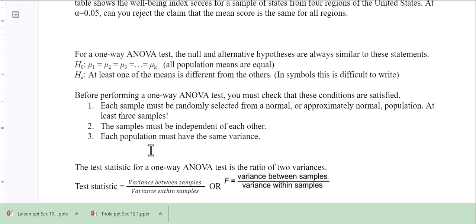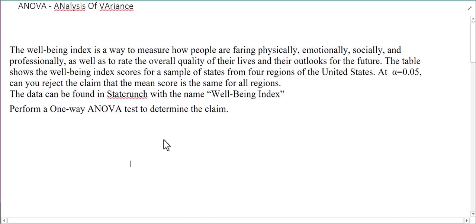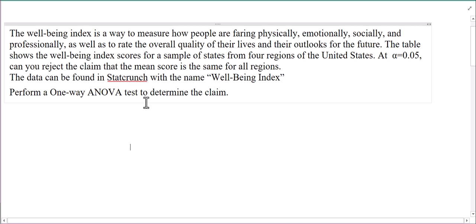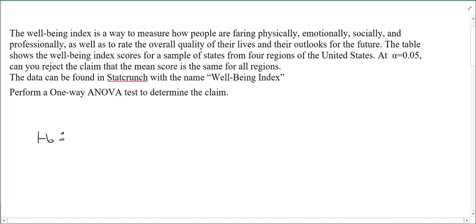Just to show you real quick what it would be like for our example. The null hypothesis will be that they're all the same. So H null is mu1 equals mu2 equals mu3 equals mu4, since we have 4 regions, so it'll be the average of each region. The alternative hypothesis, if I were to write it in symbols, would be the complement of that. The complement of all are the same is at least one is different.